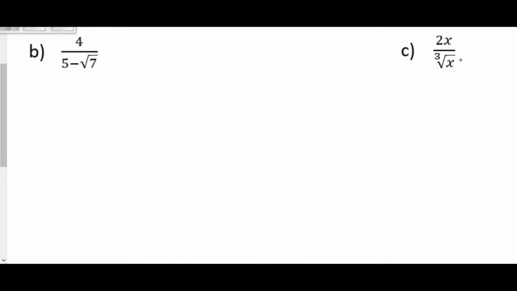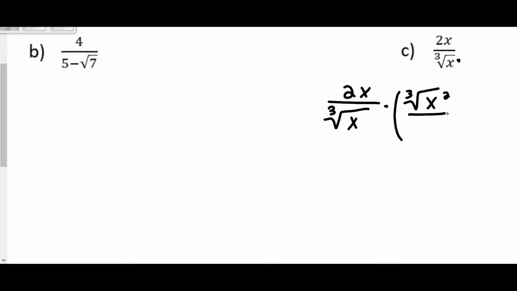So right now we have one copy of x. Well, since it's a cubed root, I have to make 2 more copies of x to get it to be x cubed, and then for it to be able to pop out of this denominator. So 2x over the cubed root of x. In order to rationalize this, I have to multiply by the cubed root of x squared over the cubed root of x squared.